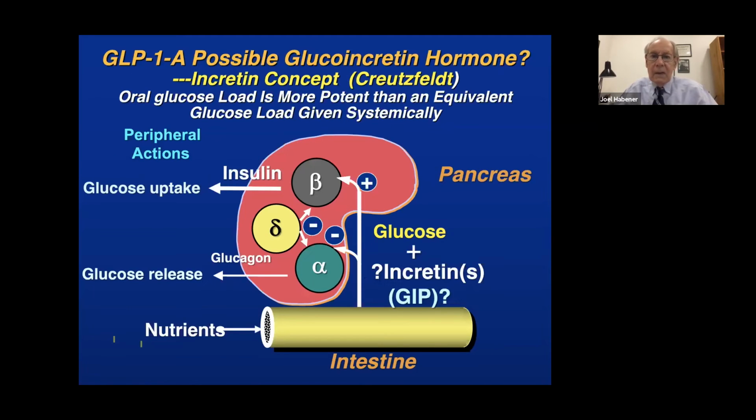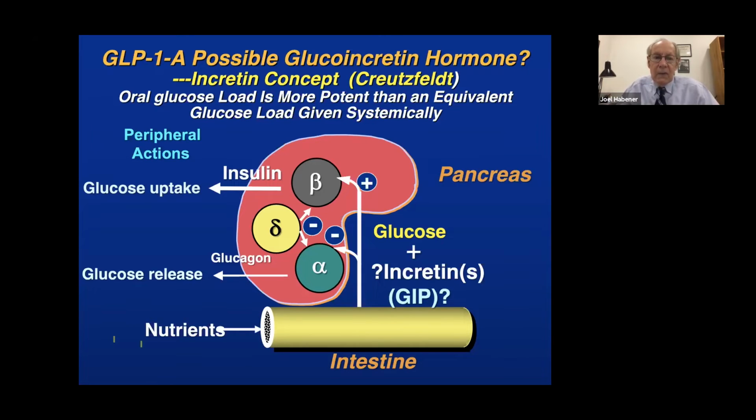So this brings the notion that GLP-1 might be a possible glucoincretin hormone. The incretin concept was one developed by Werner Creutzfeldt some years before, and the concept was that the oral glucose load is more potent than an equivalent glucose load given systemically.